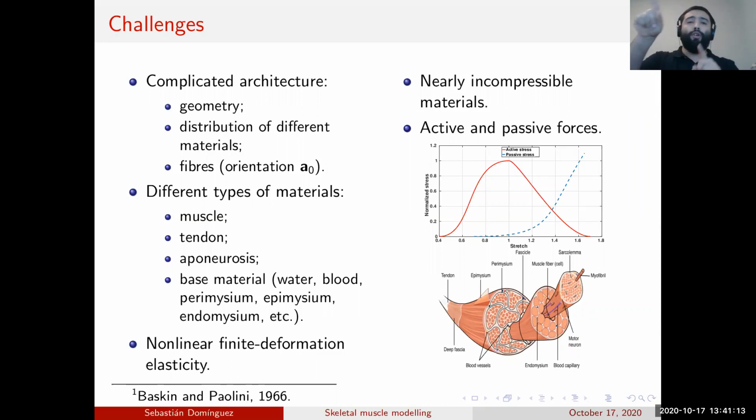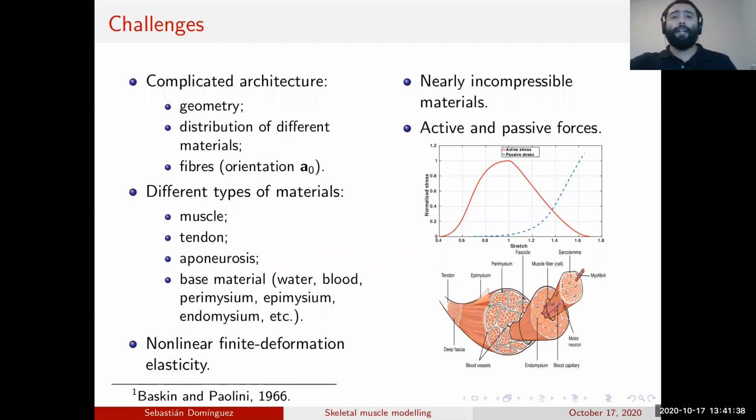But at every point, you have a different orientation of this fiber, right? It's not just a straight line. Sometimes it is a straight line, but others it's not. So we assign this orientation a naught to each point where we compute the solution along this fiber, right? And it could go like this and then go down and up. It could differ from point to point.